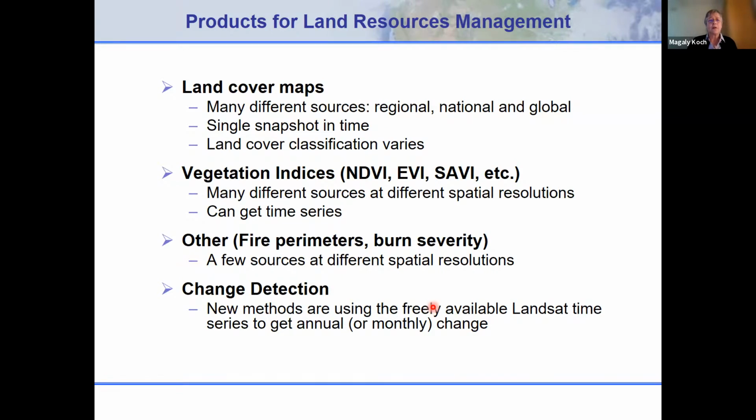There are several types or several levels of information we're after. In some cases, the land cover maps should be global, should include the entire world. In other cases, they should be very localized and very specific. Sometimes we want land cover maps used to interpret a single moment in time, a single snapshot.